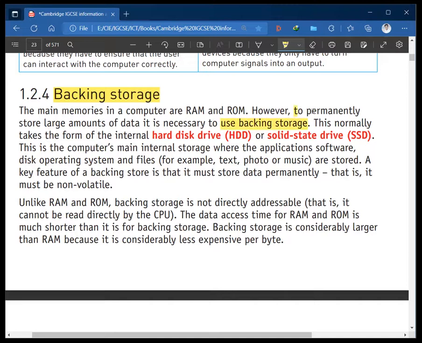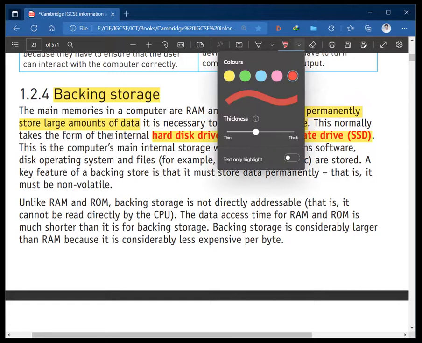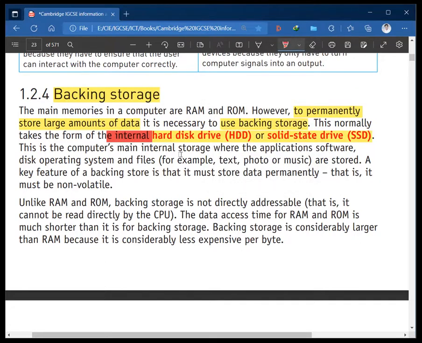This normally takes the form of an internal hard disk drive, HDD, or a solid state drive, SSD. Read the word internal here. So we're talking about internal things only. Okay, continue. Because these can also be external, by the way.